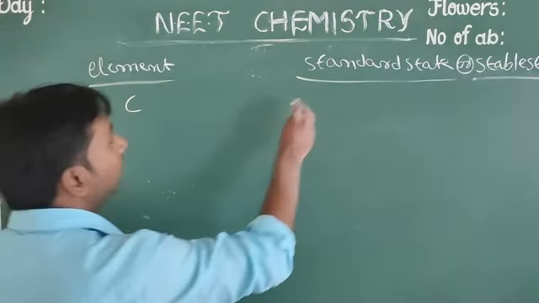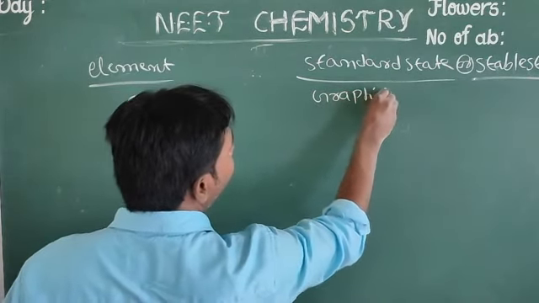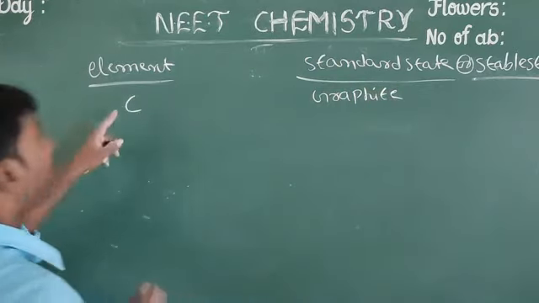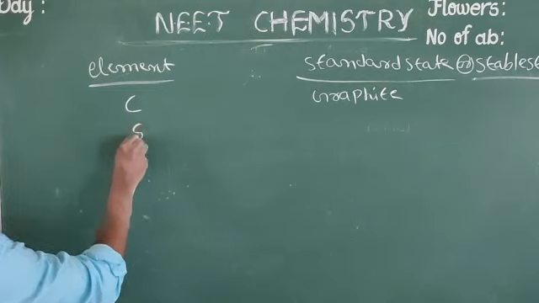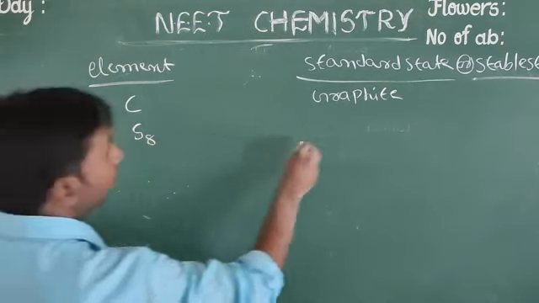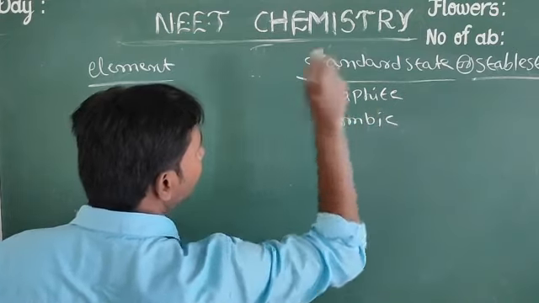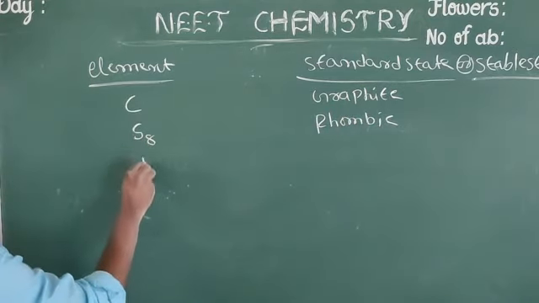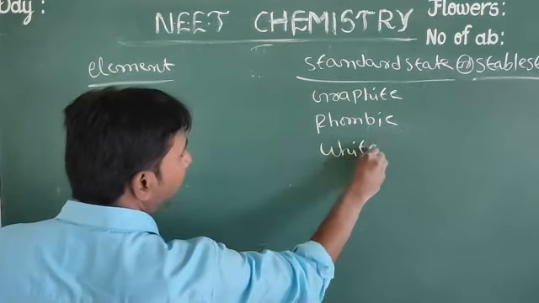Carbon, graphite. In graphite form, it is the stable state. Carbon means graphite. Next, sulfur, rhombic state. Phosphorus, white allotropic form.